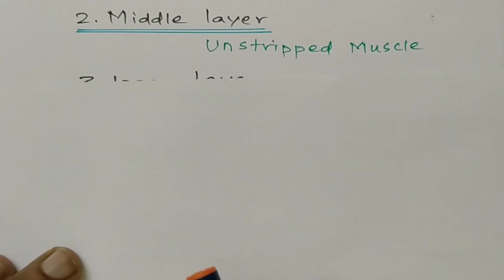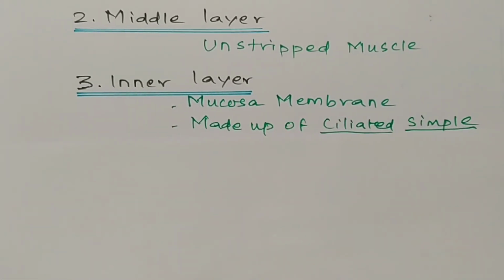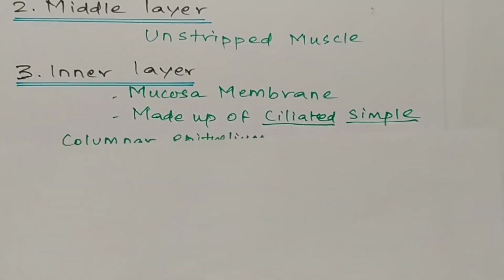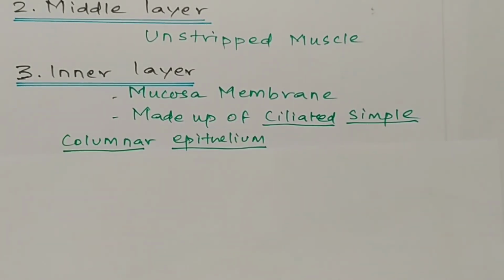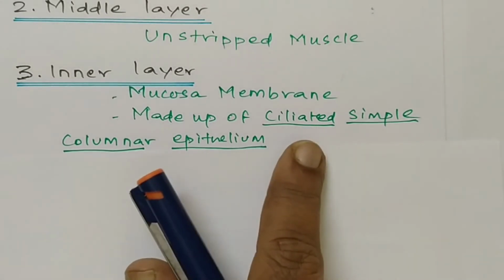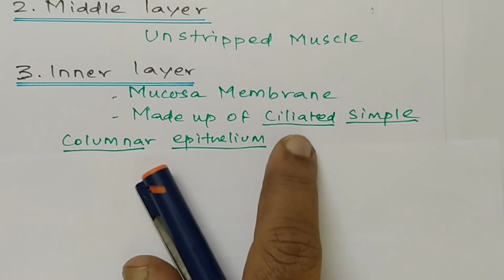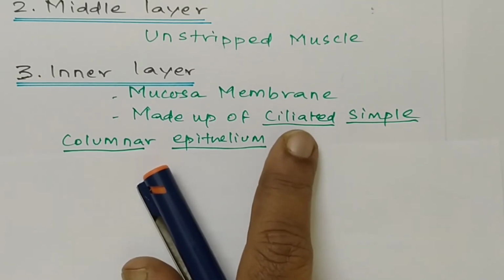The much more important one, the inner layer, is a mucosa membrane. That mucosa membrane is made up of a ciliated simple columnar epithelium layer. These cilia are small hair-like structures. This cilia movement makes the transfer of the egg from the peritoneal cavity to the ampulla part.